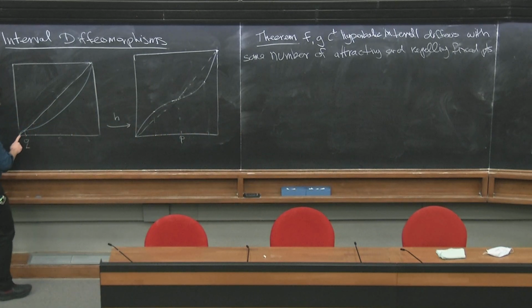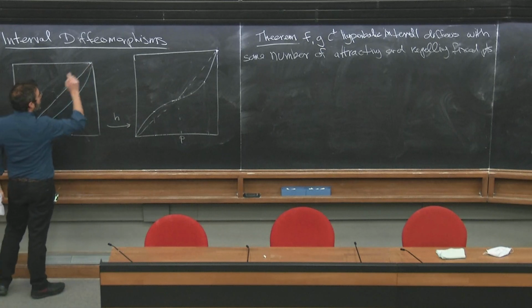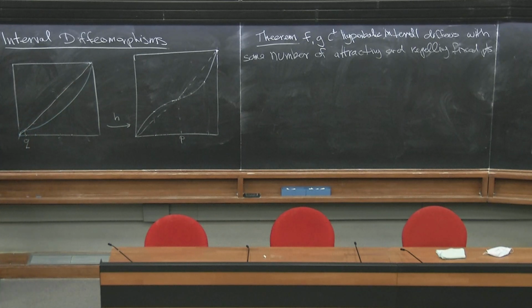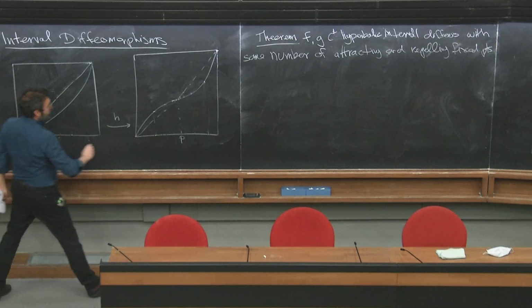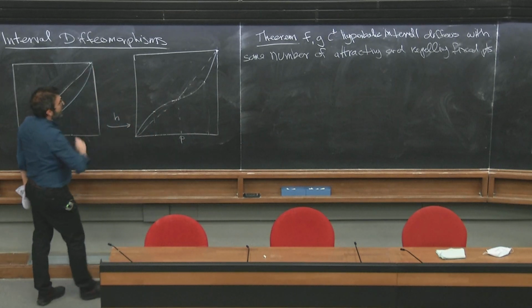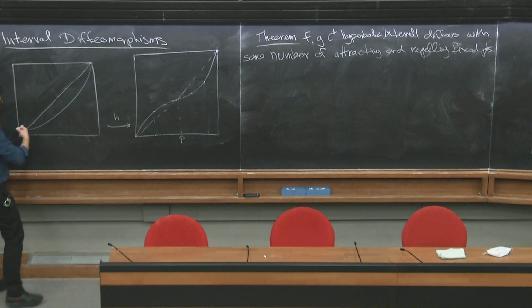So what we mean is that they have the same number of fixed points, and the corresponding fixed points have the same type. Like here, these fixed points are repelling, this fixed point is attracting, this fixed point is repelling, and they alternate actually.